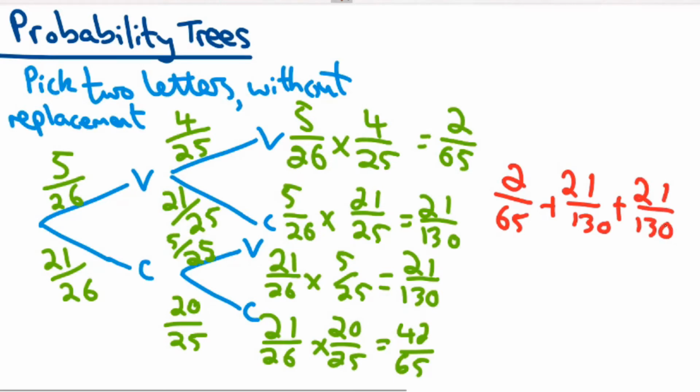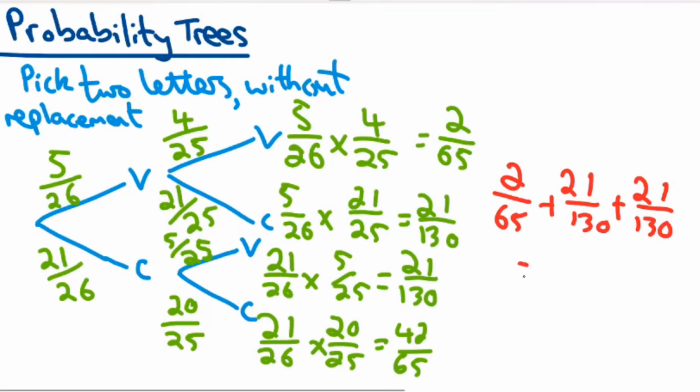That is going to give you, in your calculator, a combined probability of 23 over 65. So actually, even though the vowels are very much in the minority, the probability of picking at least one of them when you're picking 2 letters is actually just over half.